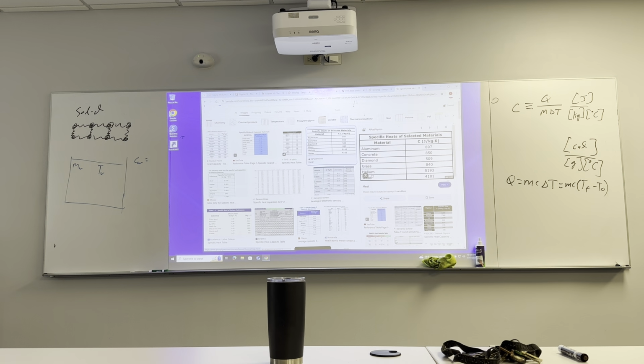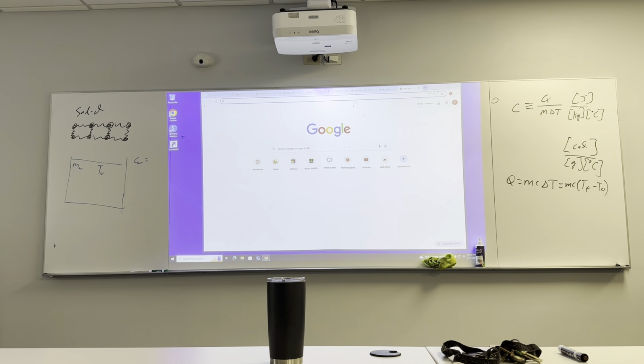Here we go. That's not enough. Use ChatGPT. Oh, ChatGPT. You're really good at that. Alright, Google will do it too, right? Specific heat of water. There you go.